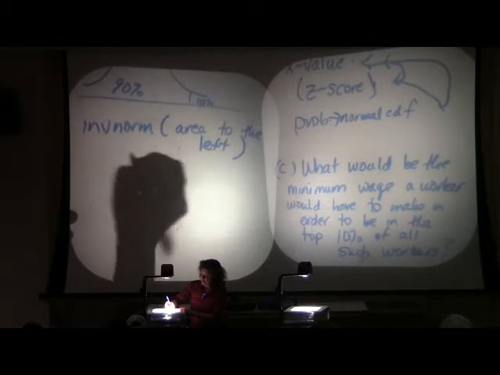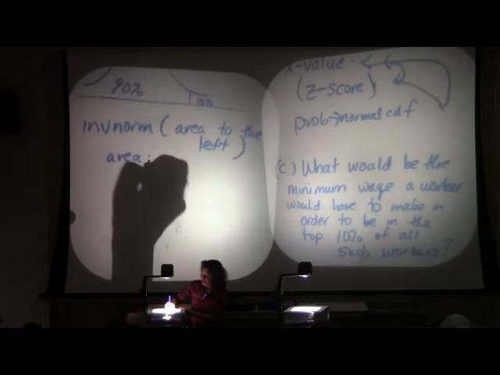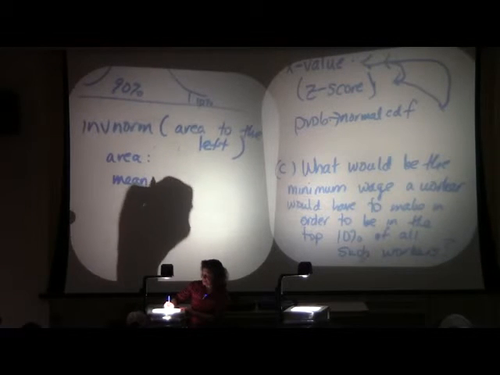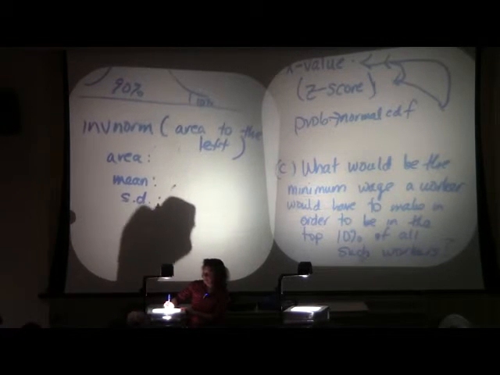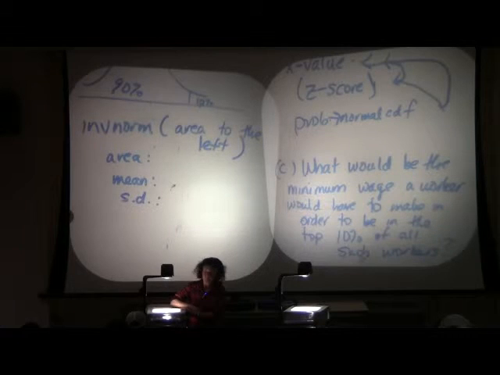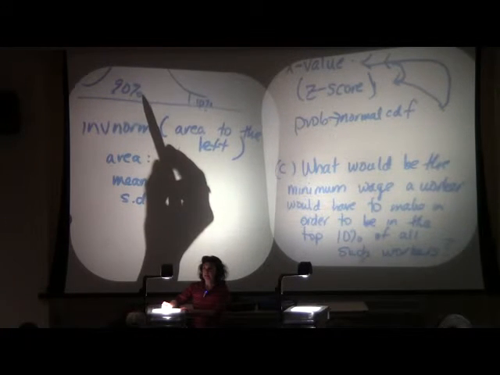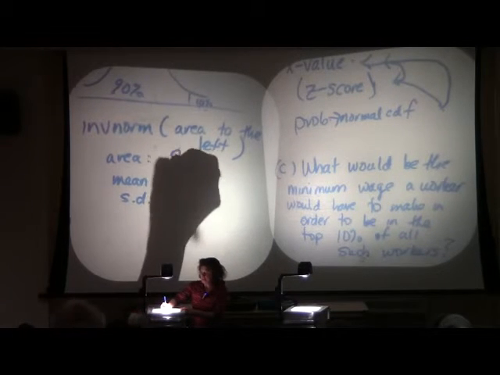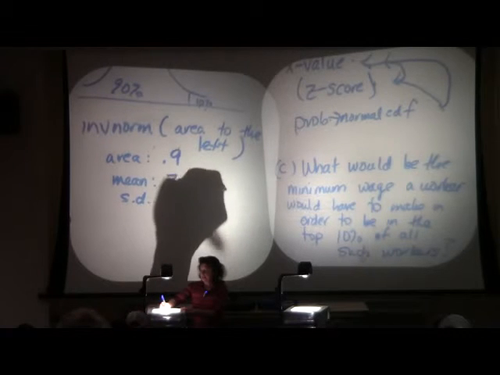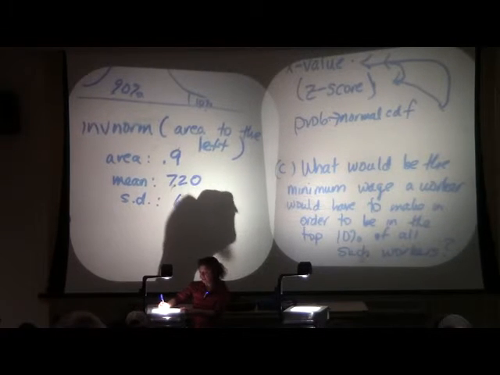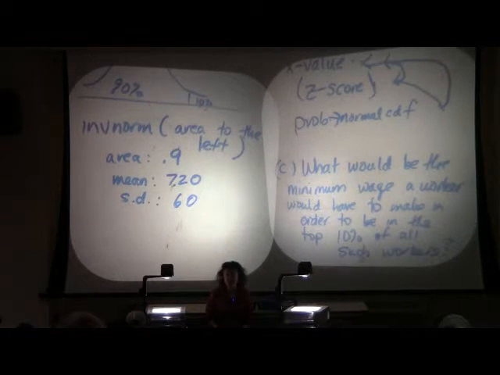Now, those of you with a nice calculator, what's going to come up is it's going to say area, mean, and standard deviation. Do you guys agree if you're in the top 10%, the area to the left is 90%? So you put 0.9. And again, your mean is still 720, and your standard deviation is 60.